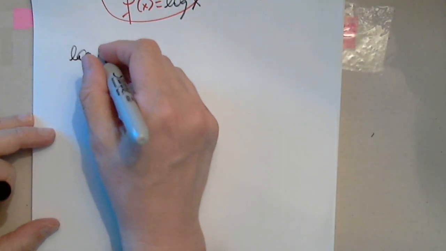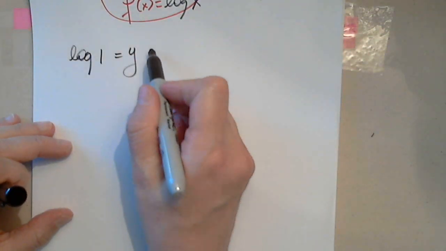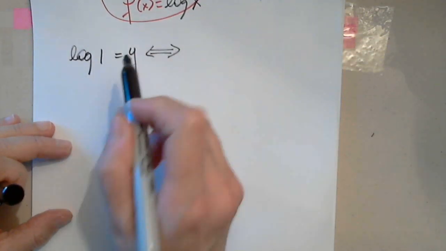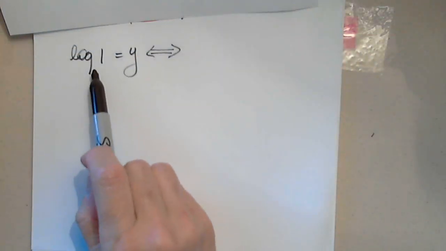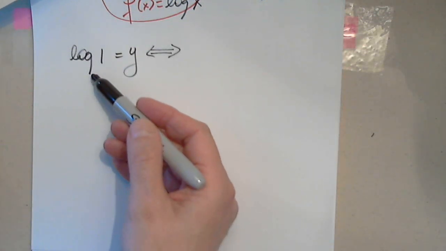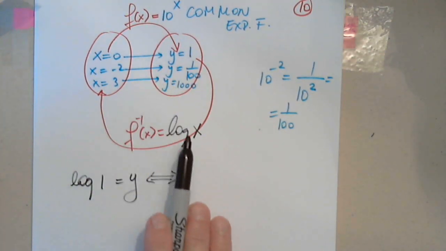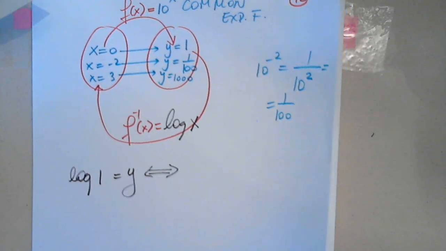So log of 1 is a number. I have no idea what this is, but I know the equivalency. Which base is this? I don't see a base again. So what is it? 10. The base is 10, right? It has to be the same base. Yes. Good.